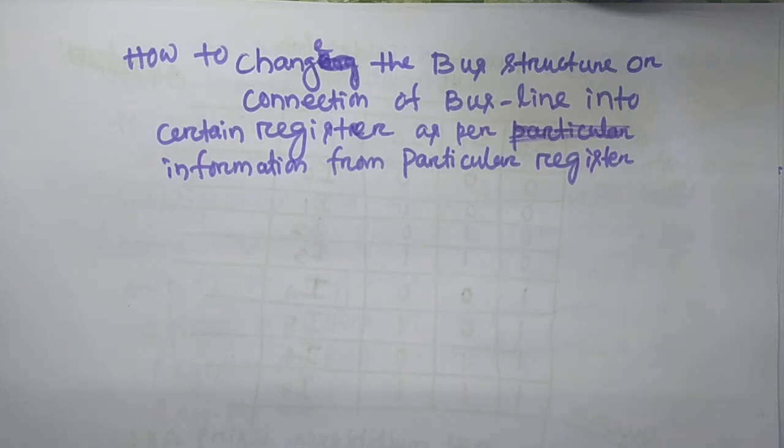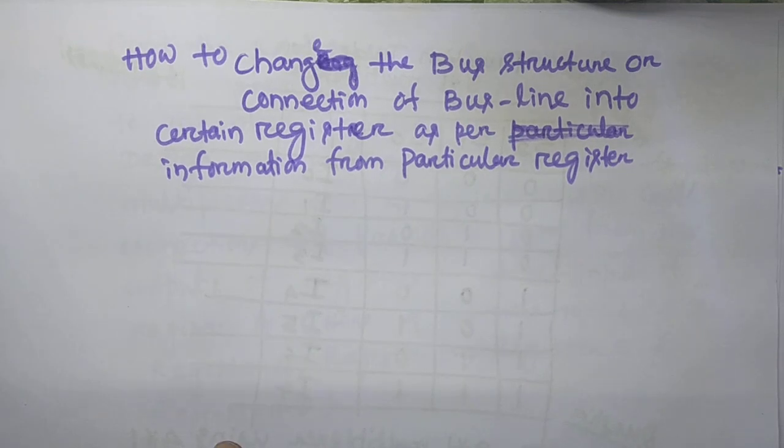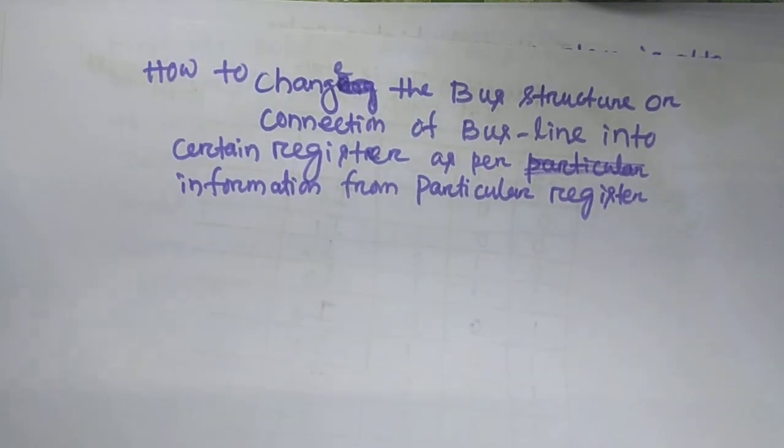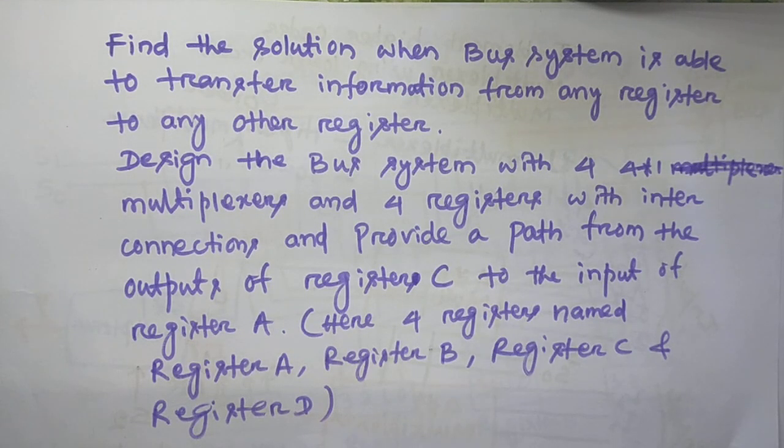Maybe we change the bus structure or some connection we have to change or add, where one register provides some data to the multiplexers, and those data again come to or are considered as input to another register. So this is the basic problem we have to design. I have to explain the problem clearly, then you can understand what the real problem is.